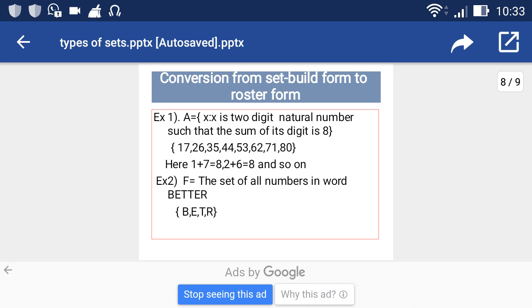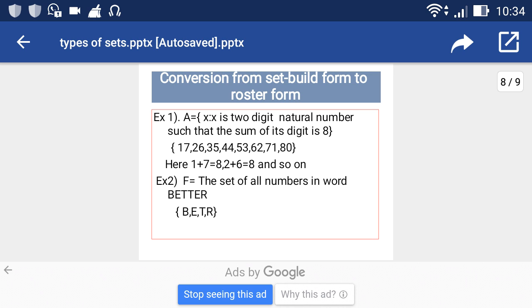So you want a 2-digit number where the sum of the two digits gives 8. 1 plus 7 gives 8, 2 plus 6 also gives 8, 3 plus 5 also gives 8. In this way we proceed. So in roster form, in curly braces we have 17, 26, 35, 44, 53, 62, 71 and 80.